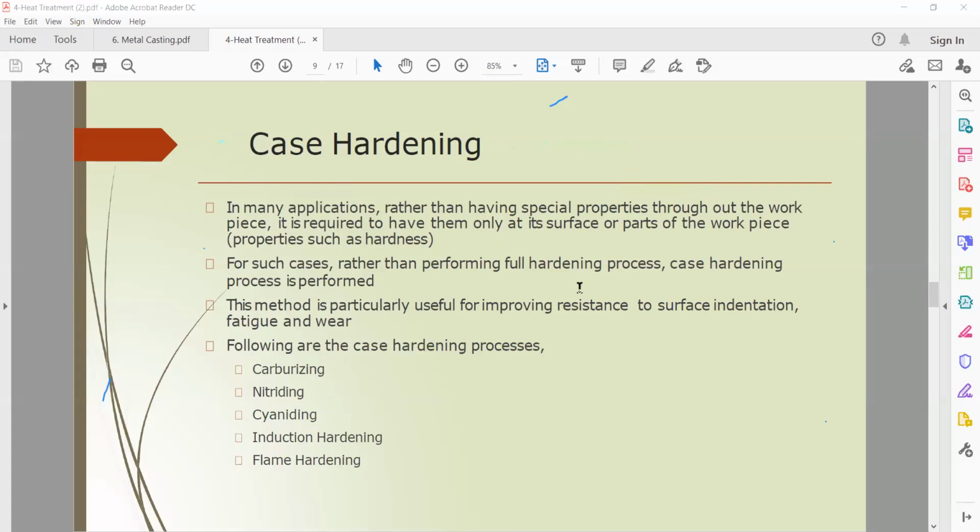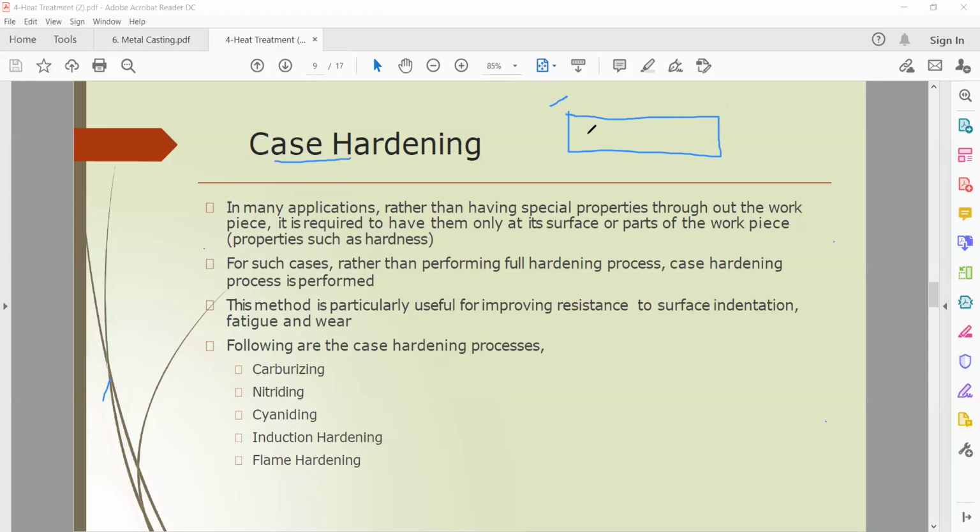But in this particular case hardening, what's happening is, you have this cube shape of your metal. Then you are doing the case hardening to the metal, right?